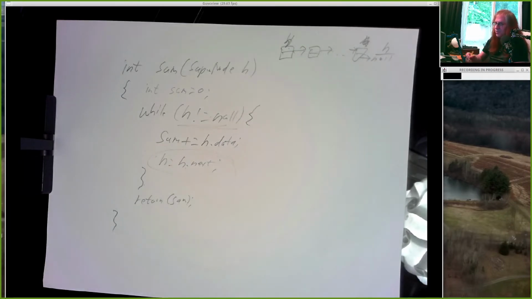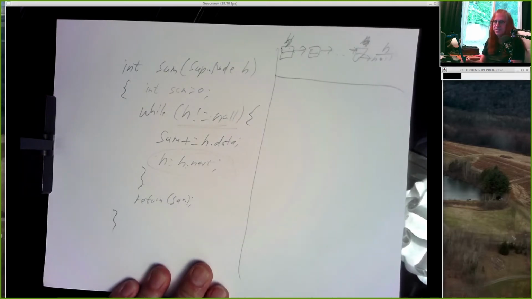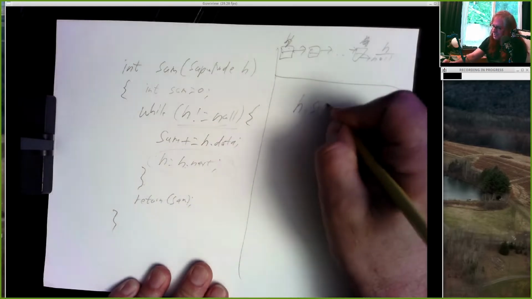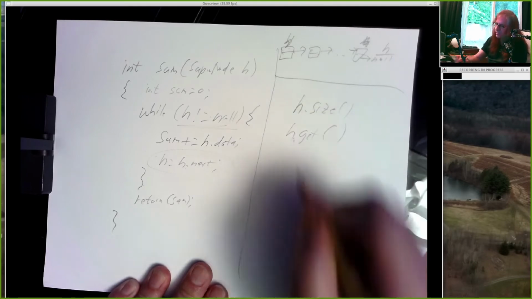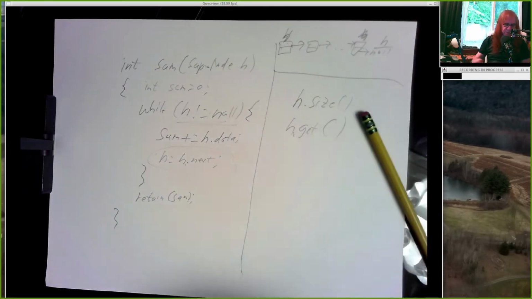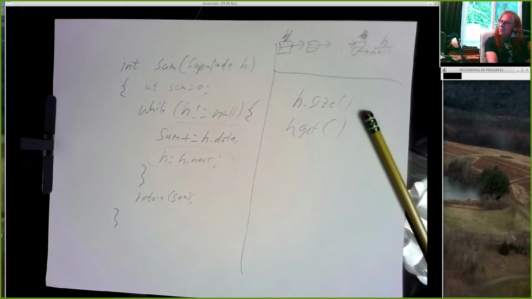H is a supernode, so some people tried to do this as if H were a linked list, an instance of the class linked list, and tried to do things like h.size or h.get and so on, right? H is a supernode, and the supernode contains two fields, and that's it. There's no size method, there's no get method.